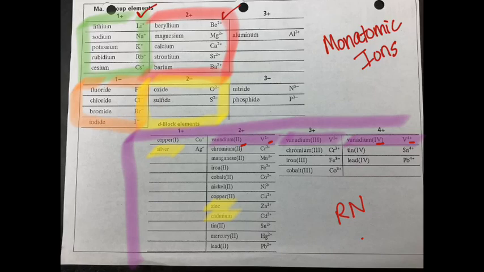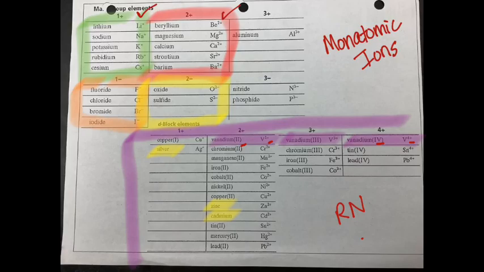So silver, zinc, cadmium, aluminum, all of those, that's their only charge. Why don't you look at your periodic table and look at the location of silver, zinc, cadmium, and aluminum? You'll notice that they are all very close together within the periodic table. And that also has to do with some of their properties and then what you see there. So these are your monatomic ions.